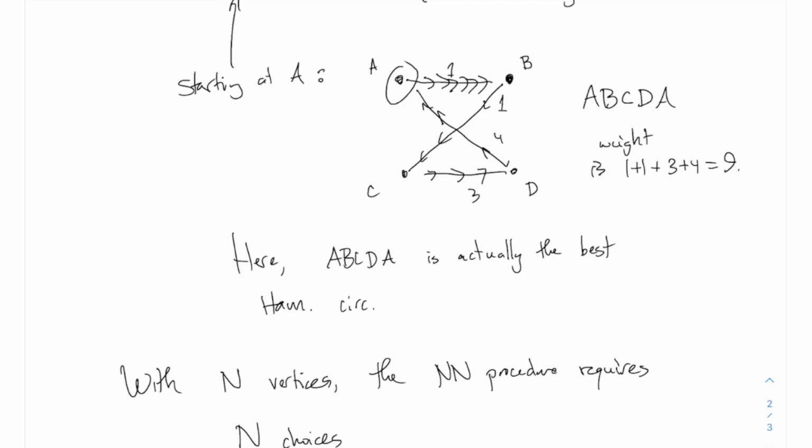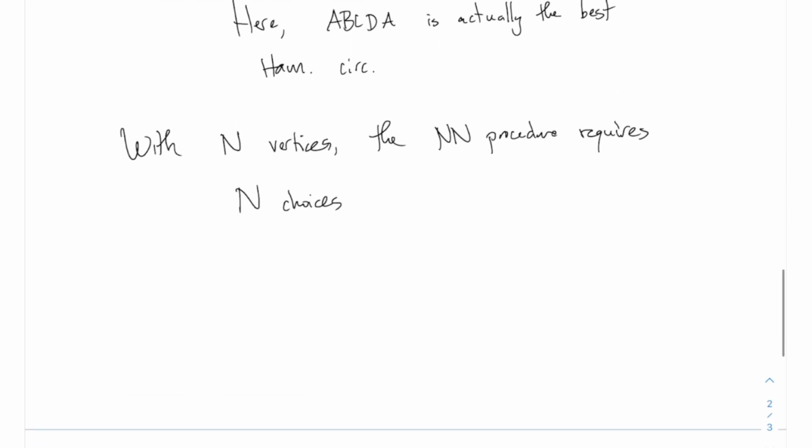All right. Compare this to how many steps the brute force would take. In this case, you'd have to check 6 different possibilities. So with n vertices, the nearest neighbor procedure requires n choices. The brute force requires, this is what we talked about last time, n minus 1 factorial checks.